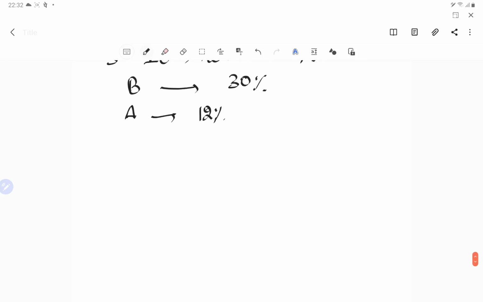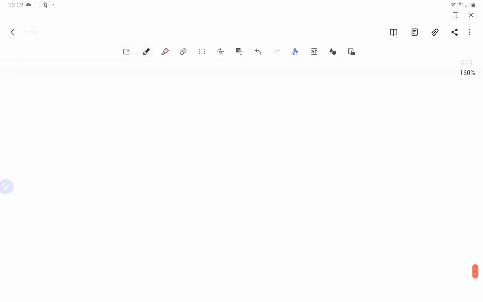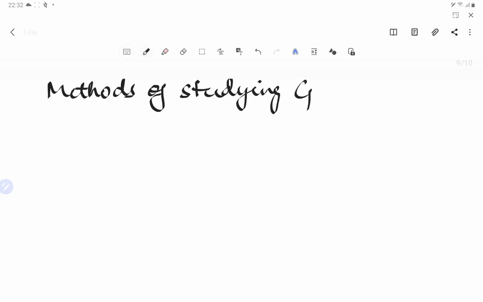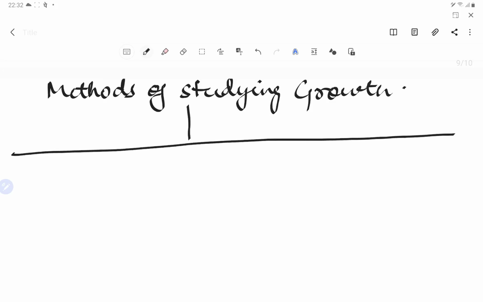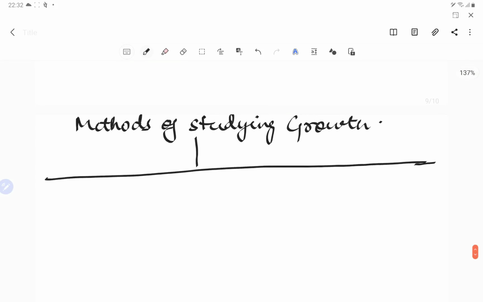Now let's study the methods of studying growth. How can we study growth? Via two ways: one can be measurement and another can be experiment.